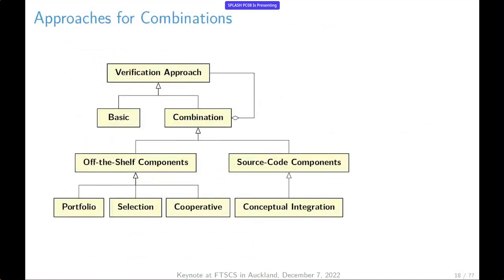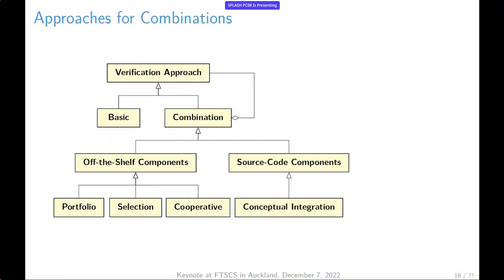So what kind of combinations do we have? If you look at this picture here, we have combination approaches. These can be basic or combination. And the combinations we can partition basically into two kinds. One kind is, I call it off-the-shelf components, which means I use in a black-box manner components that I do not touch. I use them as they are.